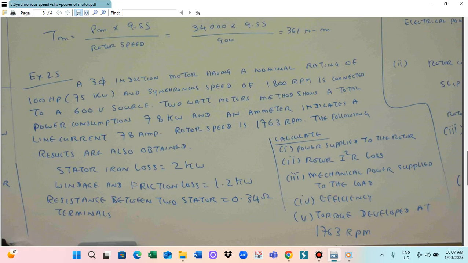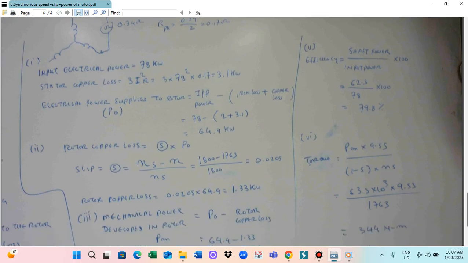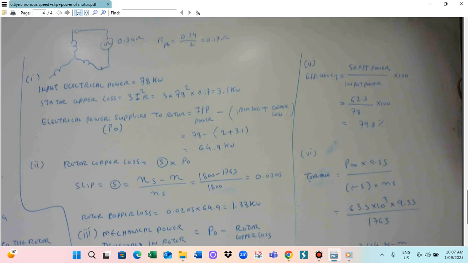So what you have to do is that the input electrical power is given as 78 kilowatt. The input minus the power loss, the stator copper loss, which for the 3-phase winding is 3I square R. So stator input power minus 3I square R gives the active power supply to the rotor. Firstly, the input electrical power is equal to 78 kilowatt.